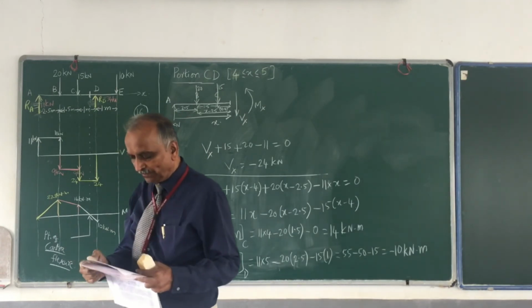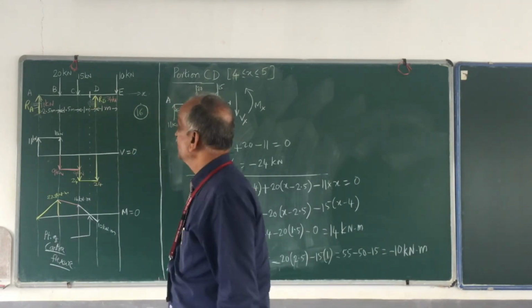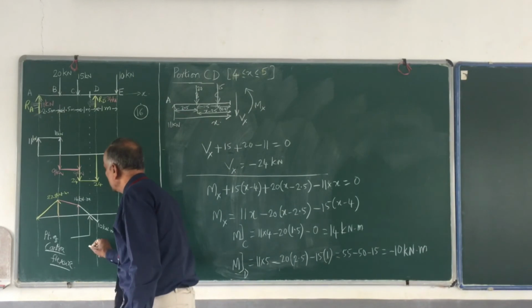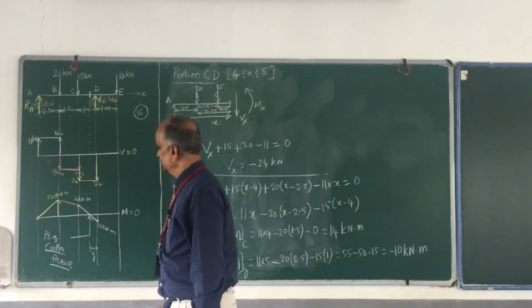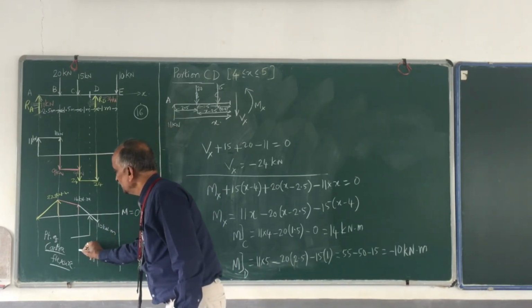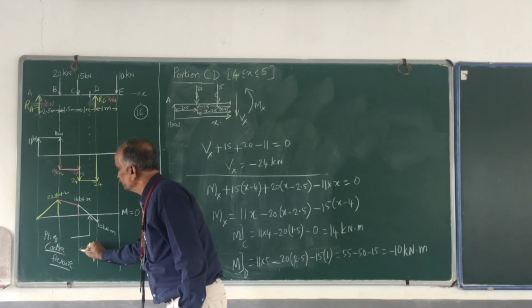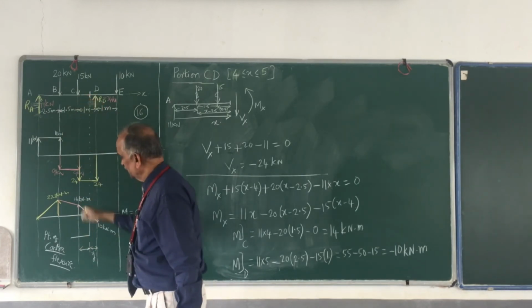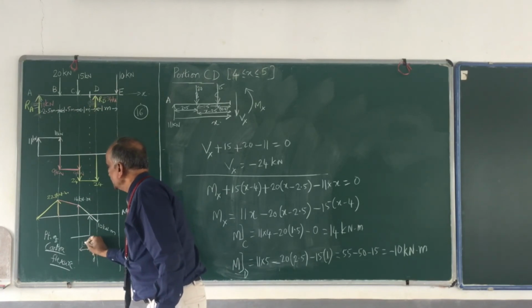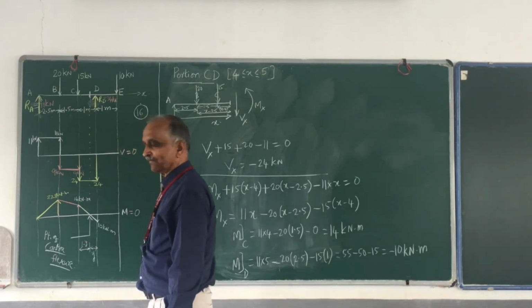And you have been asked to locate the contraflexure. Where is it? For that purpose, let me take this value as some y. So this length is y, and I know that this entire portion is 1 meter. So if this is y, then this is 1 minus y.